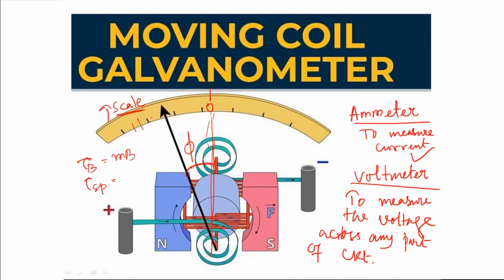This deflection is calibrated with the scale having numbers like 1 ampere, 2 ampere, 3 ampere, 5 ampere, etc. This is the concept and the working principle of this moving coil galvanometer.